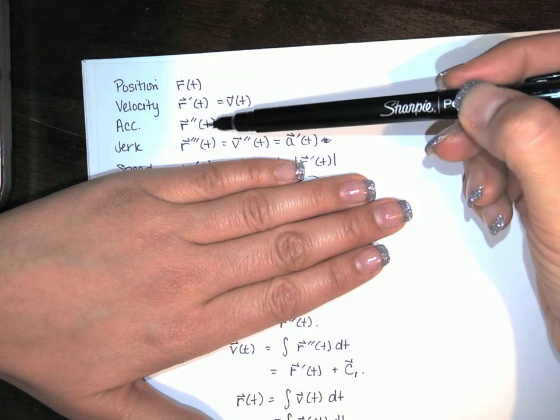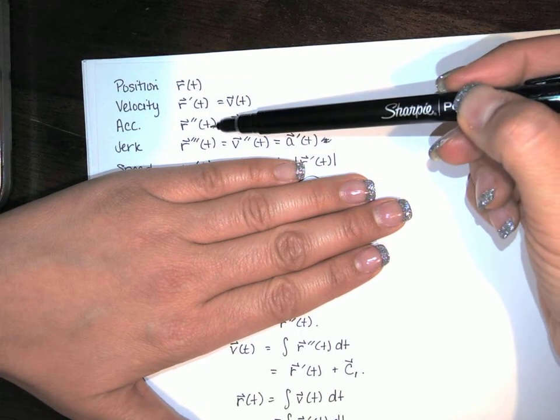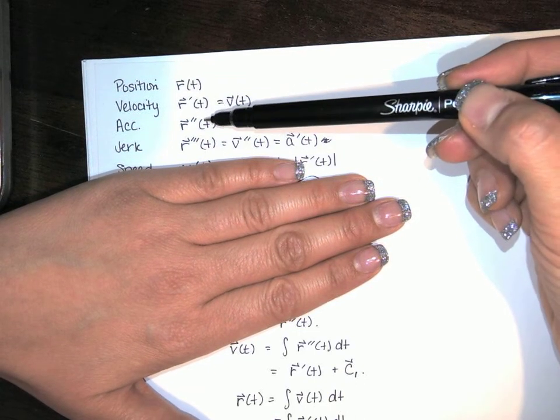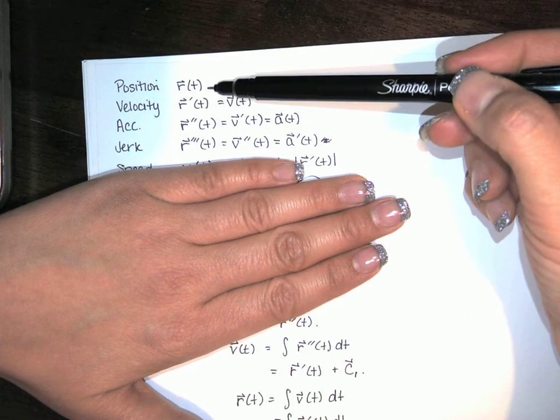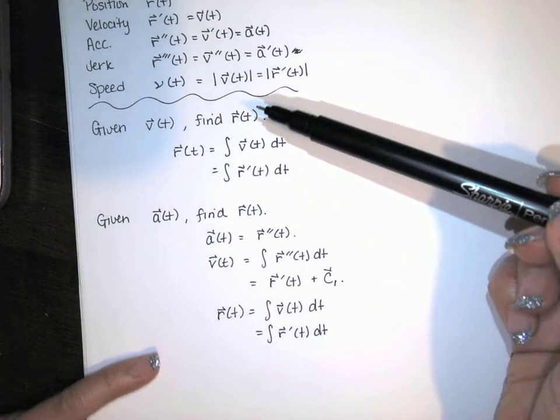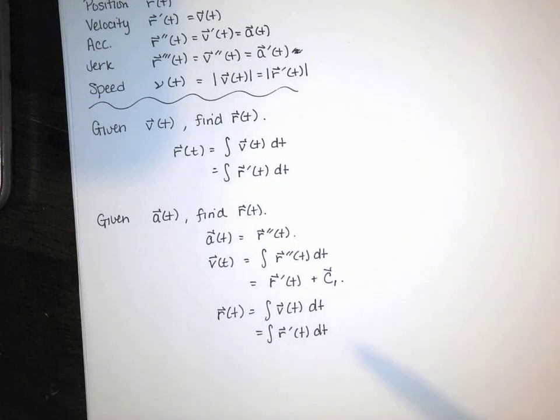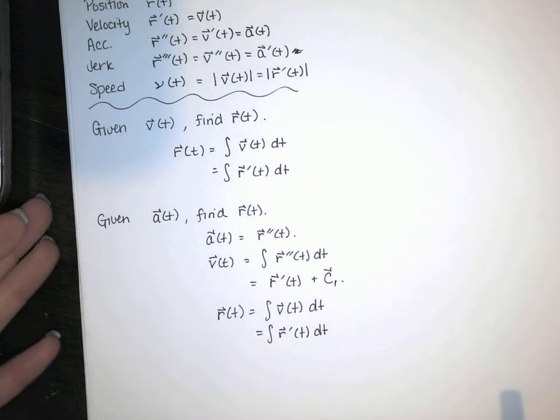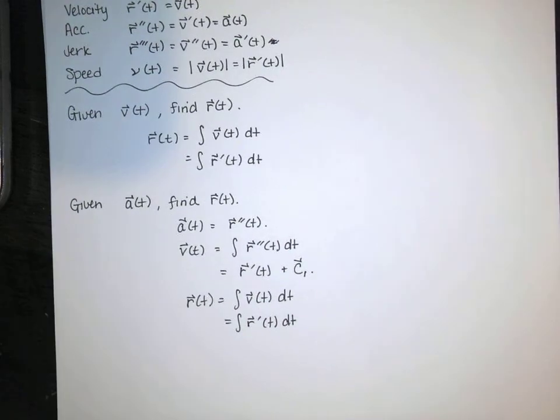If I want to go from here back up, I take an antiderivative. From here to here, I take an antiderivative. Or here to here, I take two antiderivatives. That's how it works. Unfortunately, though, we're going to have a lot of arbitrary constants in these answers. So we're not able to specify the complete answer unless somebody gives us an initial position or initial velocity to get rid of those constants.